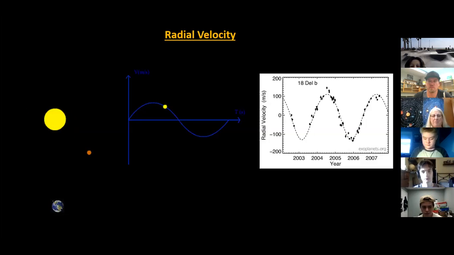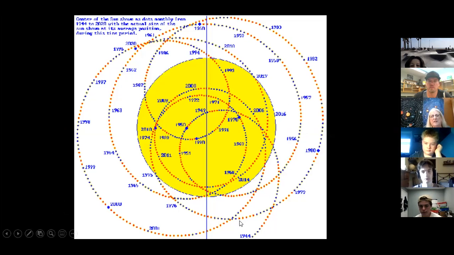And you can imagine that stars with multiple planets would have very, very complicated patterns. In fact, here we have our sun. This is the pattern of the sun over the last 50 years or so.